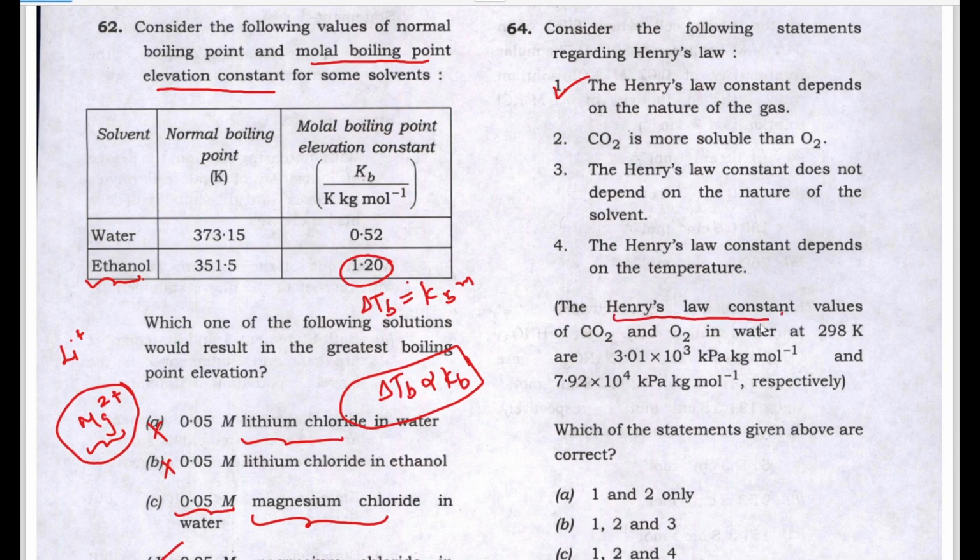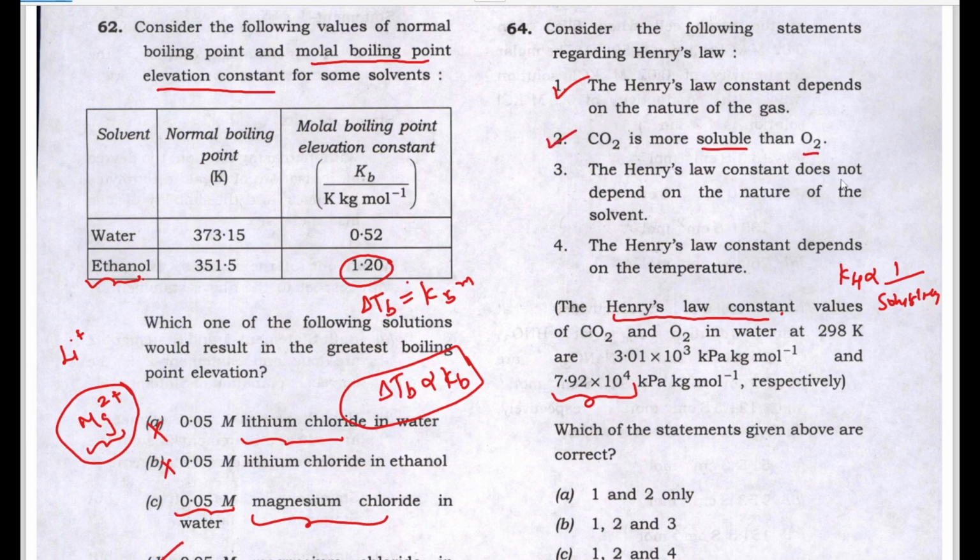If we compare the Henry's law constant values, oxygen has a large value of the Henry's law constant, and Henry's law constant, that is KH, is inversely proportional to the solubility. Oxygen gas has a higher value of KH, which means it has lesser solubility. So yes, CO2 is more soluble as compared to oxygen. So B statement is correct.